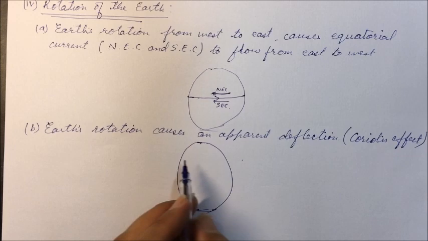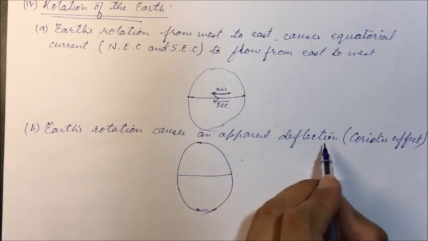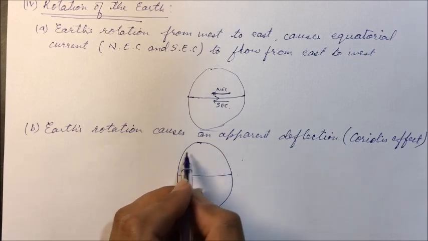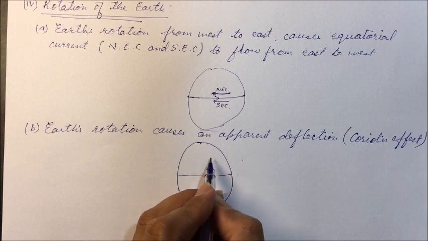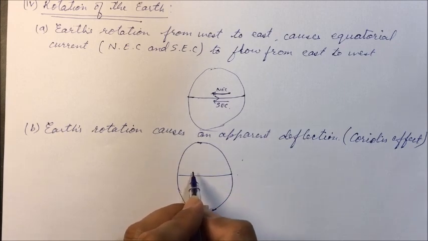This is the earth, the equator we have. Now as you have studied, because of earth rotation from west to east in the northern hemisphere, the fluids, that is water or the winds, get deflected towards the right of their general direction.